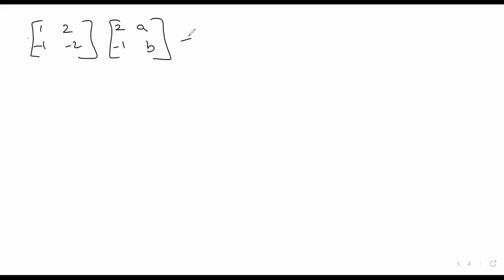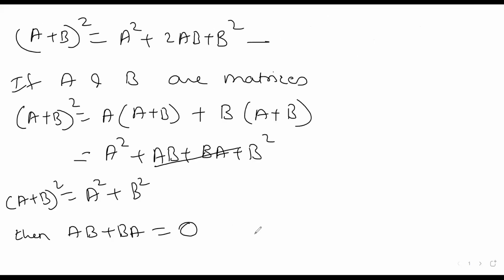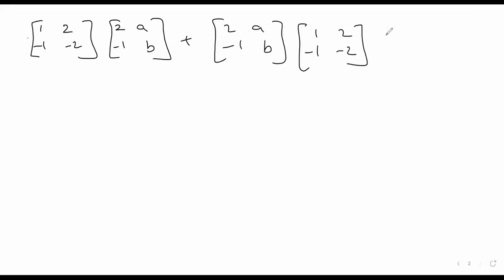This AB plus BA will be 2a minus 1b, and A is 1 2 minus 1 minus 2, and it has to be equal to 0. So you have to prove that this is equal to 0. Multiply them, add them, and if you get 0, see, it is 0. We don't have to prove it, it is already given that they are 0. So multiply them and find out AB.